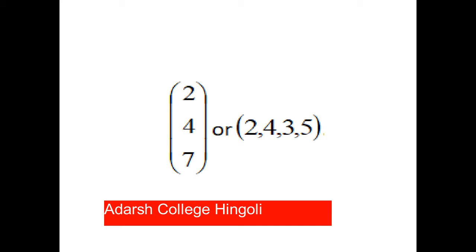On your screen, you can see how a vector is represented. One is like a column matrix where the entries are 2, 4 and 7, and the other is like a row matrix where the entries are separated by commas.